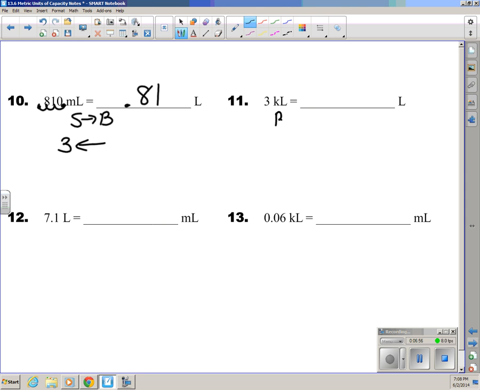Kiloliters to liters, that's big to small. So we're going to go to the right 3 times. 1, 2, 3. Gets 3,000. Liters to milliliters, big to small. So go to the right 3 times. 1, 2, 3.